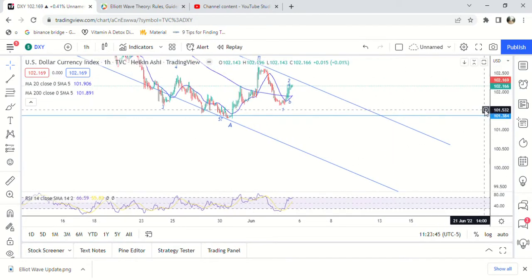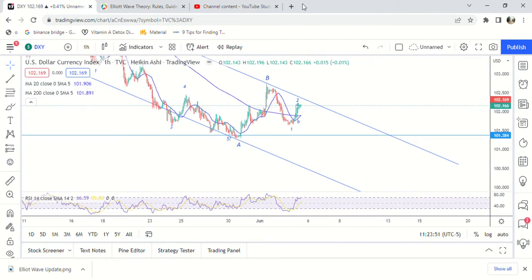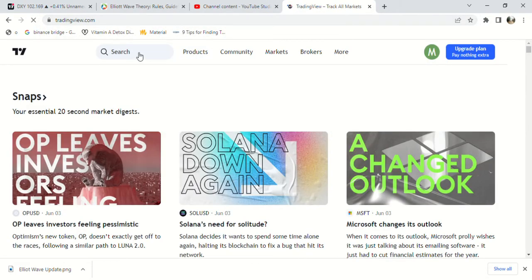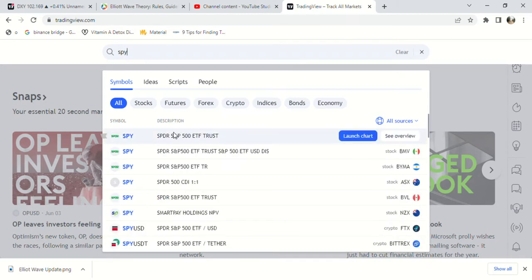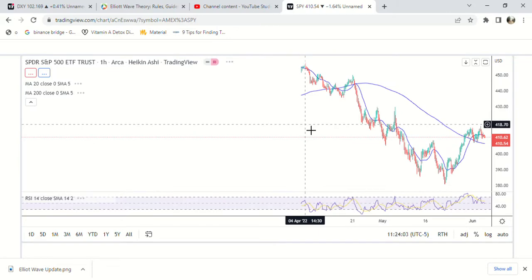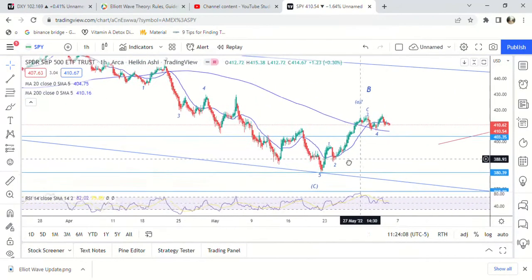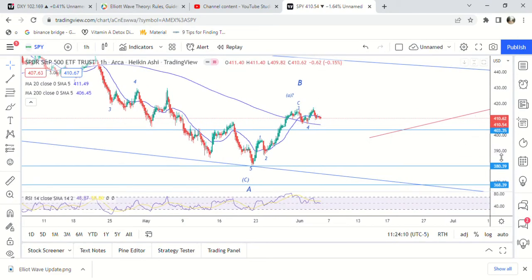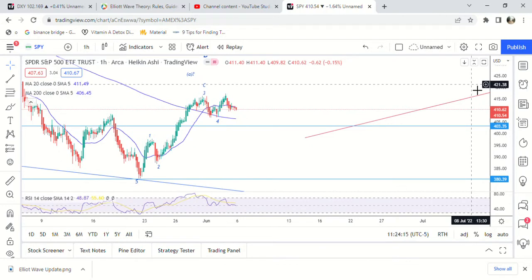And so obviously when the dollar is getting weaker, the market should go higher, and I think that's the case. So let's pull up SPY now. And so on SPY, on my last video, I thought that we could possibly stretch this out to August.